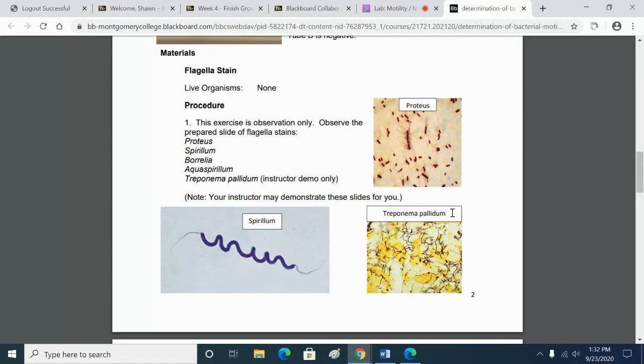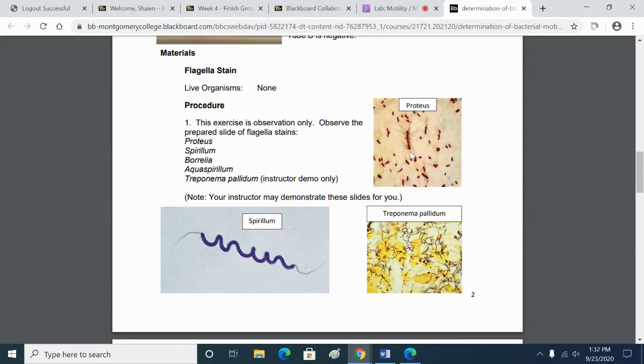So here we see Proteus, and we have some naked bacteria, right? Those scandalous naked bacteria that have no flagella because they all broke off. But this cell right here is a good example.